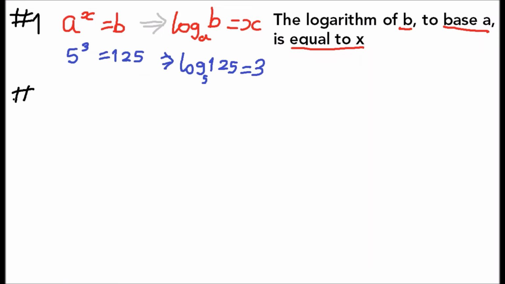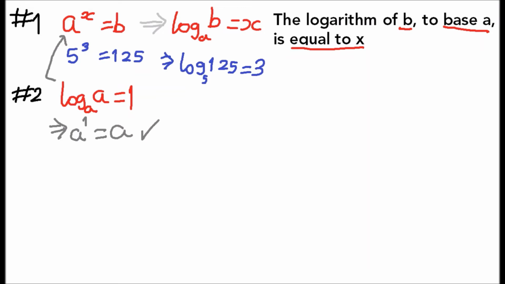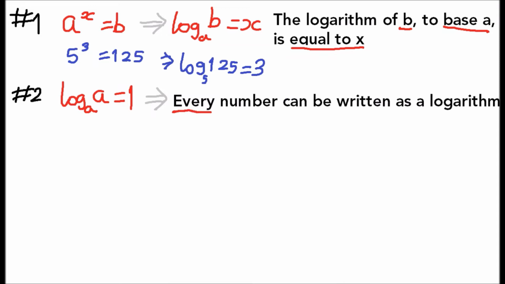Rule number 2. The logarithm of a to base a is 1. If we convert this into an equation with base numbers and powers, we get a to the power of 1 is a, which is true. This means that every number can be written as a logarithm.